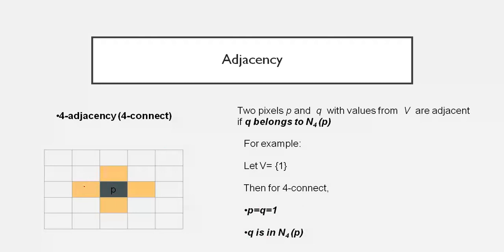So for example, if Q is here at this location and value of P is 1, value of Q also has to be 1 for them to be connected. Or let me say, if the value of Q belongs to V, value of P also belongs to V, set V, and Q is in one of the locations of four neighbors of P, then they can be connected or they are adjacent.